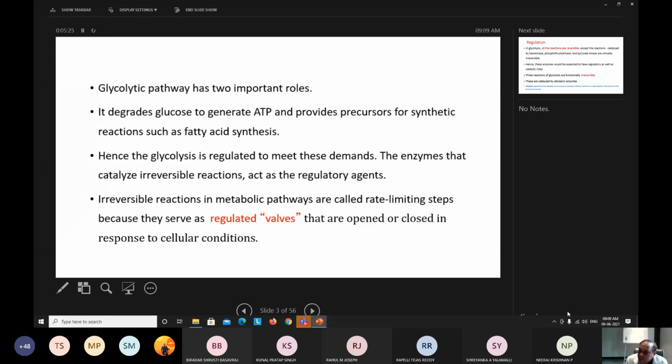These irreversible reactions are also referred to as the rate limiting steps because they serve as regulating valves that can operate in an open and closing way. Whenever there is enough glucose or ATP, they can stop the pathway, and when there is a deficiency of ATP, they can start it. In that way, they regulate the path of glycolysis.